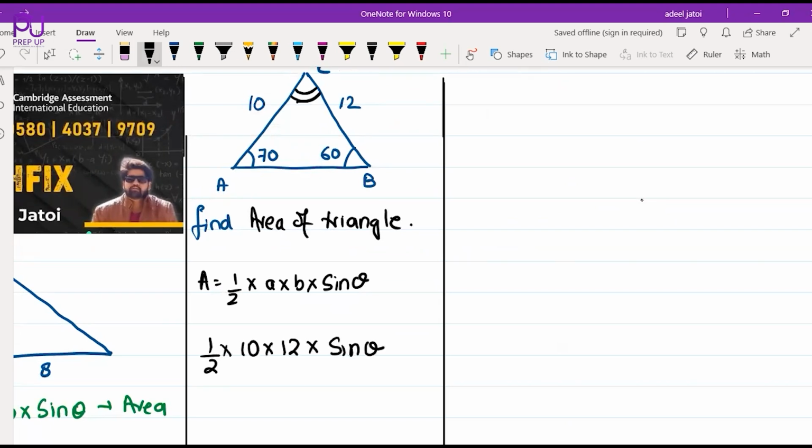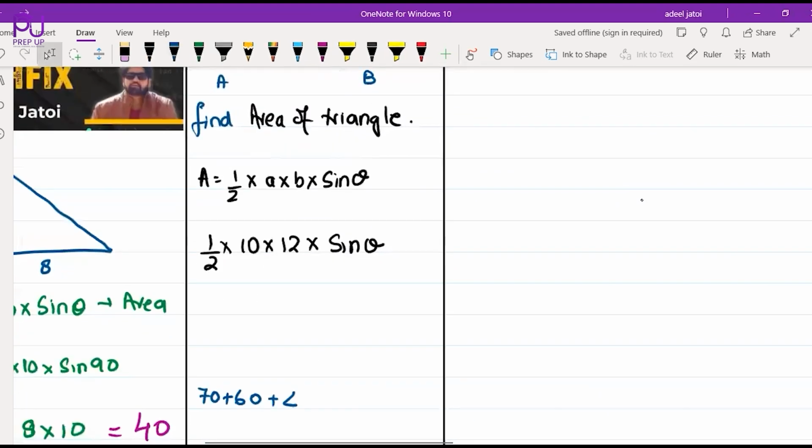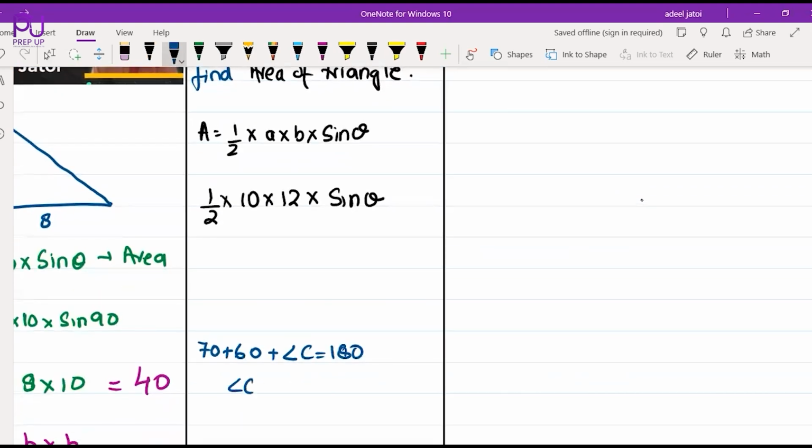Theta can easily be found using the sum of the angles of a triangle: 70 plus 60 plus angle C is 180. Angle C is equal to 180 minus 130, so angle C should be 50. So we write half into 10 into 12 into sine 50.